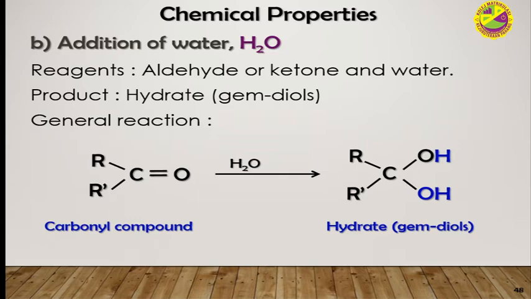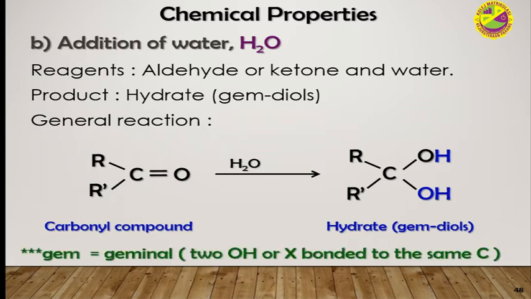Gem is the short form for geminal, which means two OH or X are bonded to the same carbon. So in this case, when a carbonyl compound undergoes addition with water, the product is gem diols. The carbon is attached to two OH groups.